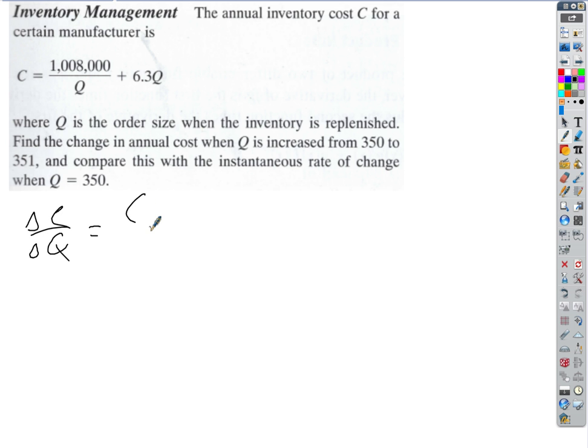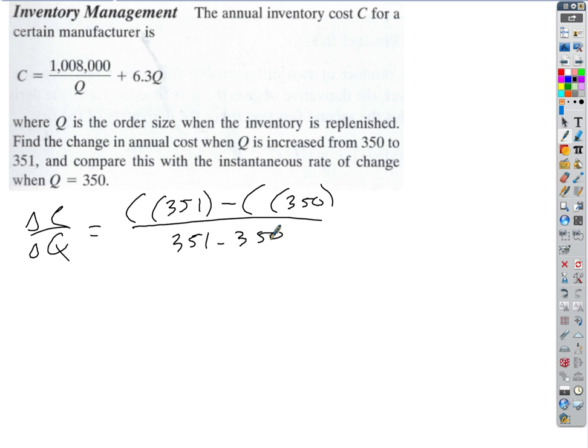C of what number? 351, minus C of 350, over, well, 351 minus 350, which is 1, right? And so what's that give us?